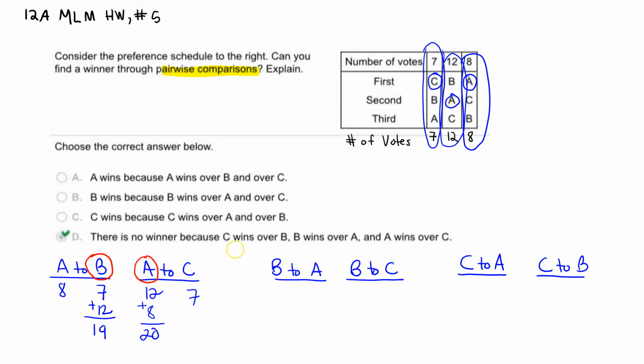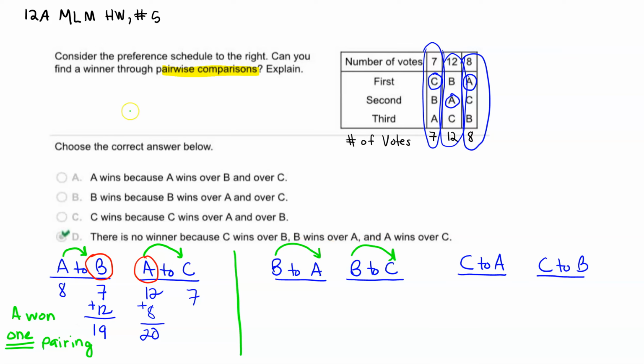Okay, so when we look at this first round of pairwise comparisons, when I compare A to B and I compare A to C, A won one pairing.